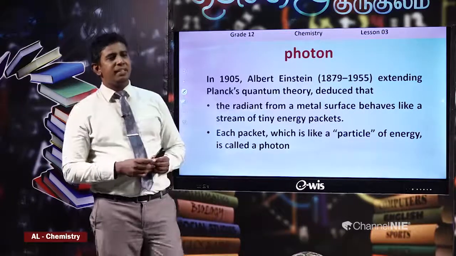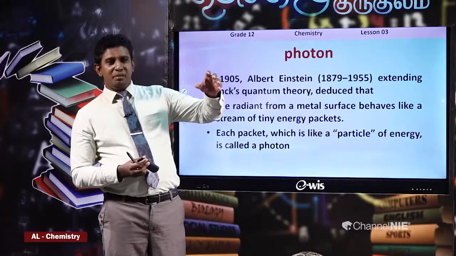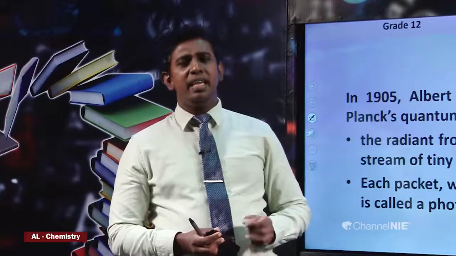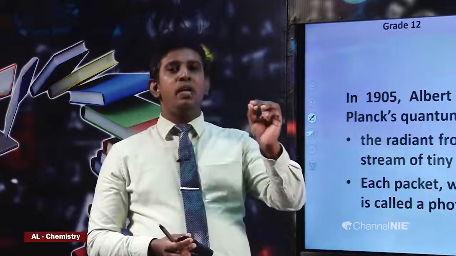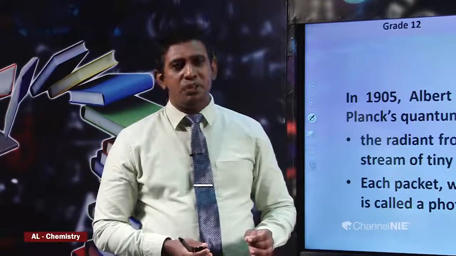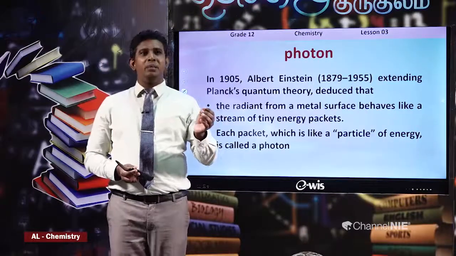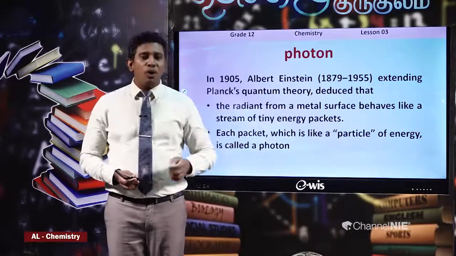He further said that when you talk about matter, matter has its own smallest unit. Similarly, in energy you also have a smallest unit. So it's the photon. Photon could be named the particle of energy. The particle of energy is the photon.